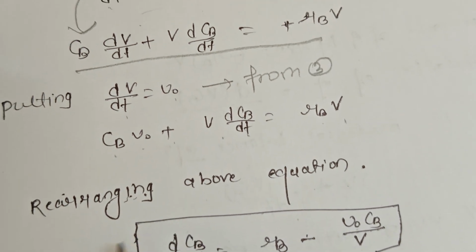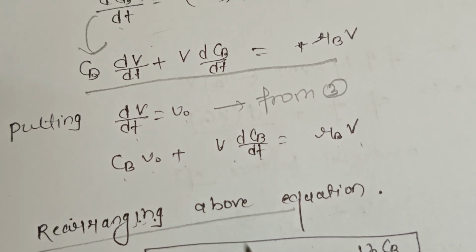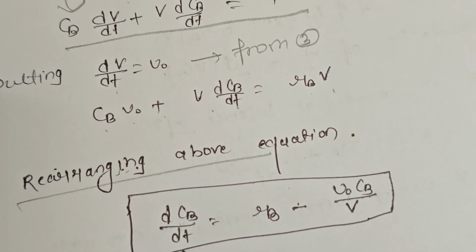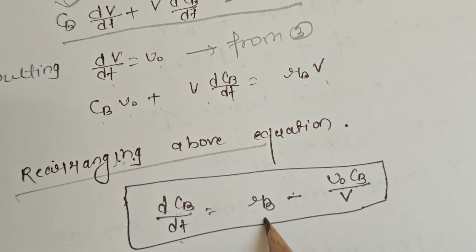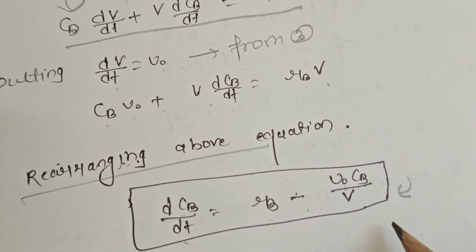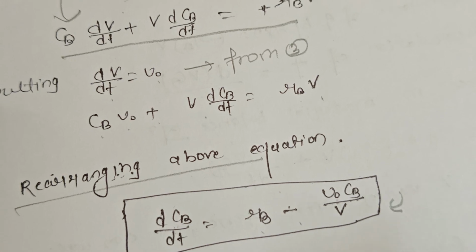Rearranging the above equation, we get dCB upon dt is equal to RB minus mu naught CB upon V. This is the design equation for component B.